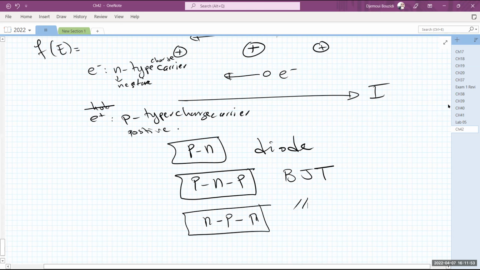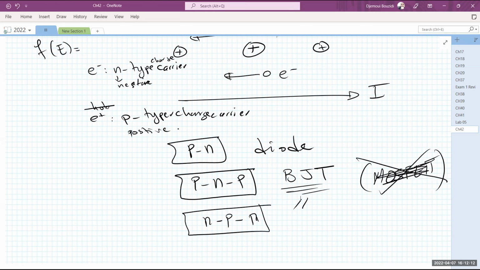We're not going to be dealing with the MOSFETs in this case. We're just going to focus on the bipolar junction transistors because they're easier to understand to some extent. And that's going to be the end of this chapter once we cover these materials.